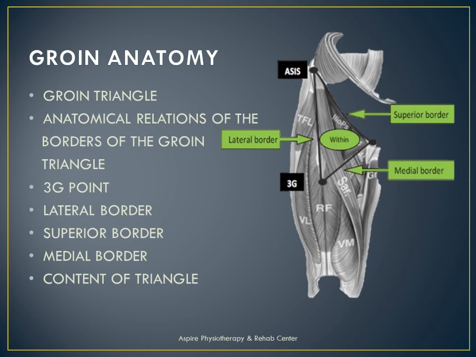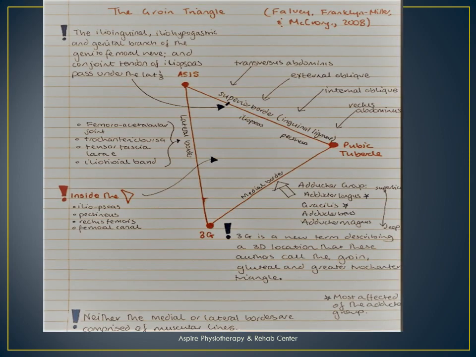Now, when you take the pubic tubercle and draw a line till your 3G point, that will be the medial border of this anatomical triangle. So 3 apexes: ASIS, pubic tubercle and 3G point, and 3 borders: superior border, medial border and lateral border. And there is something called the contain, or within what all structures there are in this anatomical triangle.